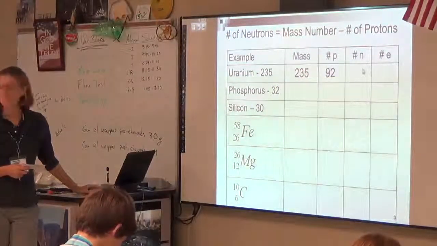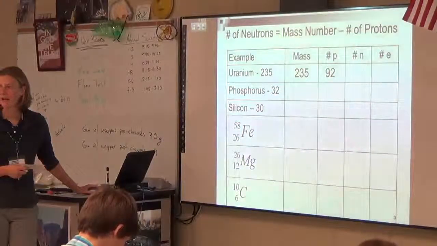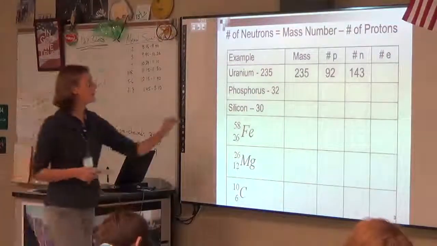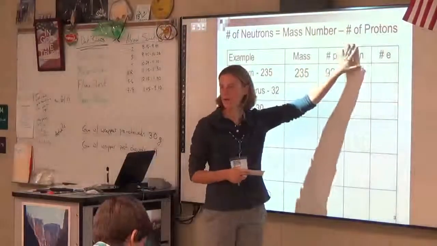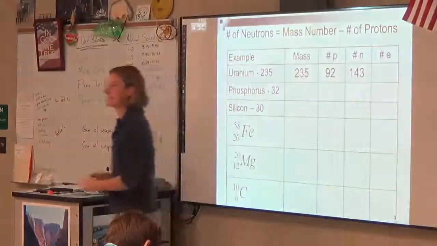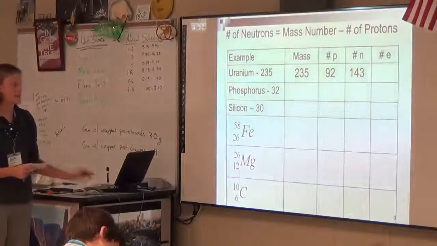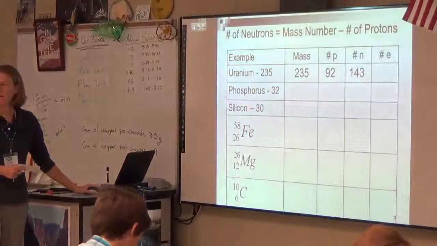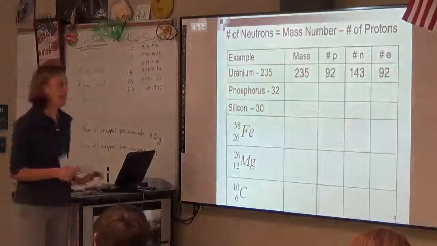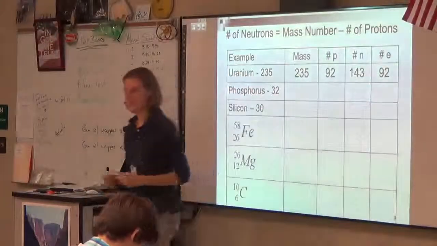Exactly. And you get? 143? Okay, that's the same as what we've done already. Mass minus protons. Just make sure you're using the correct mass. All right, and then lastly, Tom, how many electrons in uranium? 92. Since I haven't mentioned it's an ion, we're just going to make those match. Protons and electrons are just going to be the same.